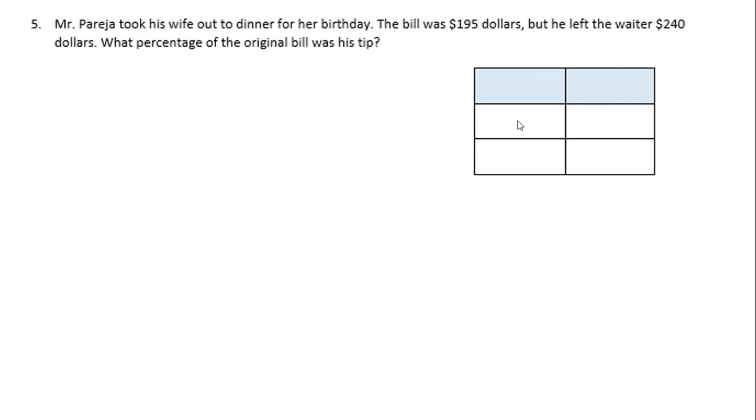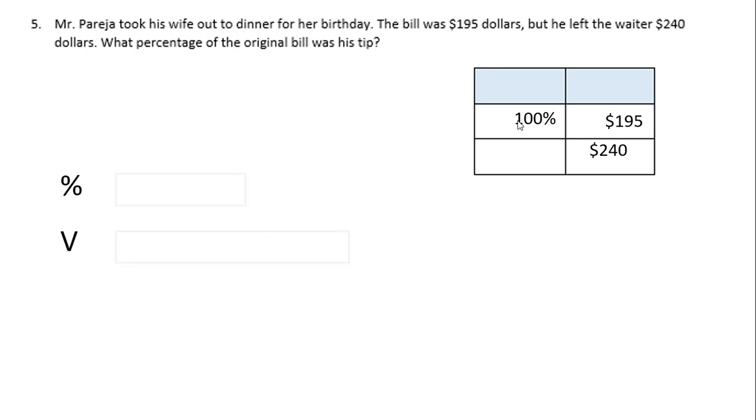Number 5, Mr. Brea took his wife out to dinner for her birthday. The bill was $195, but he left the waiter $240. What percentage of the original bill was his tip? 100% of the bill was $195. And what this story tells us is that I paid $240 total.